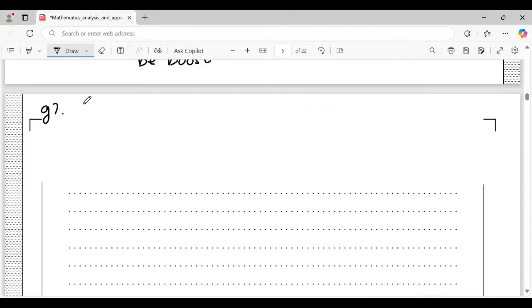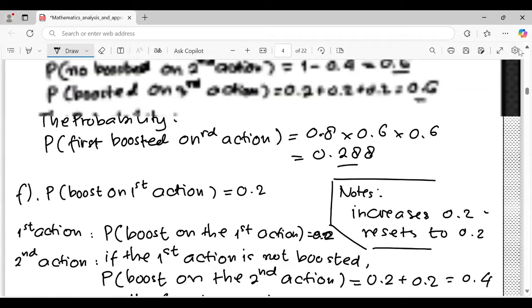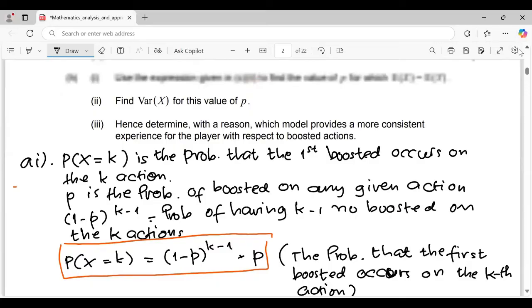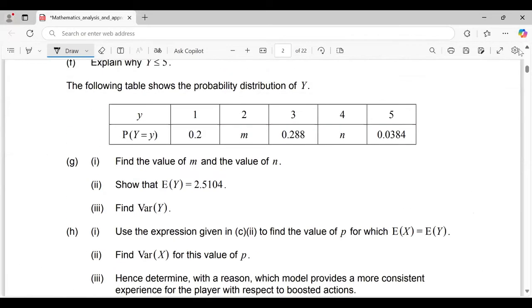Part G. M equals 0.8 times 0.4, which is 0.32.